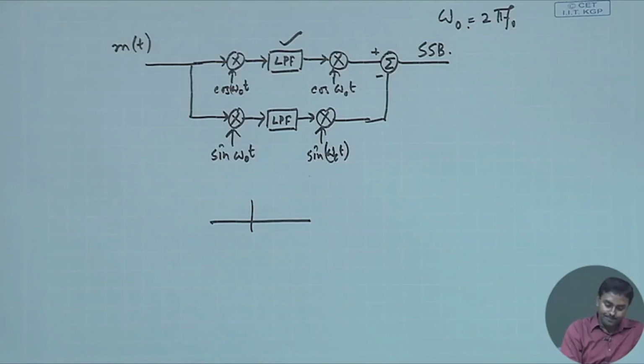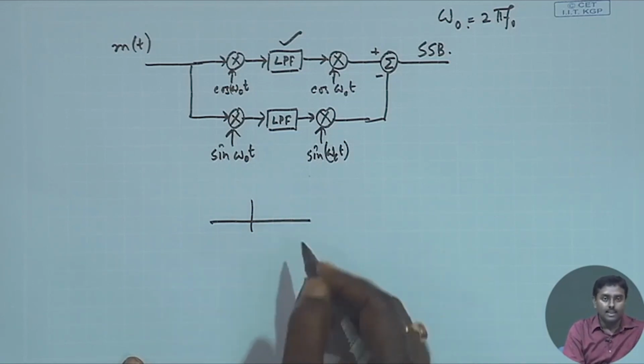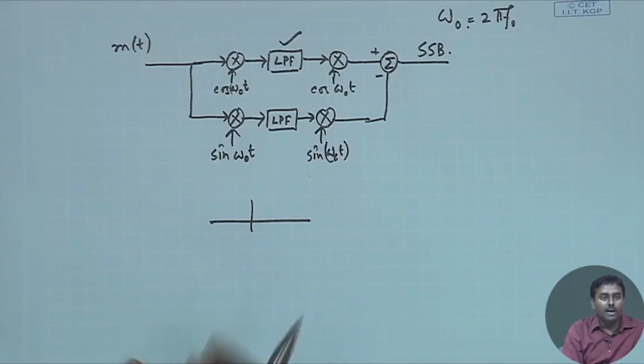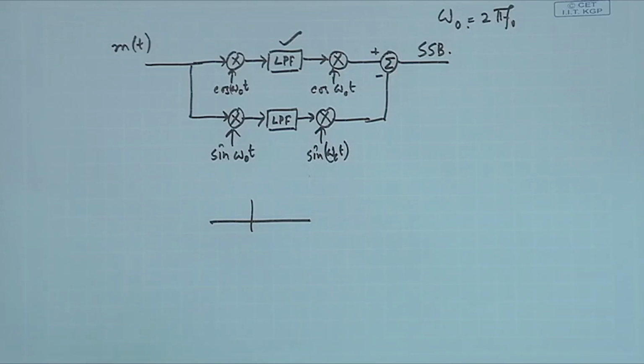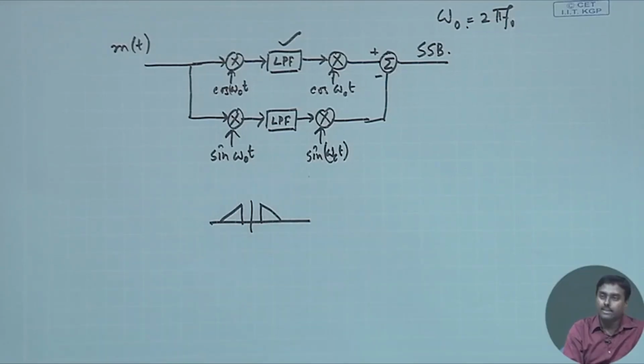Where you can generate an SSB signal is like this. Suppose I have a message signal which has no DC part or nothing close to a DC component. Generally voice looks like this. Voice has a minimum frequency: below 300 hertz there is nothing that will significantly affect my voice signal.